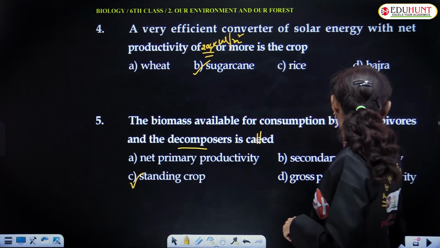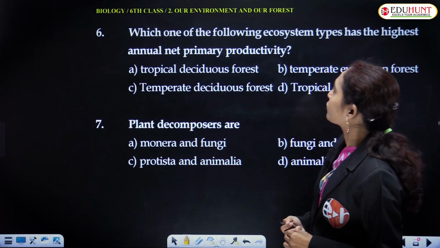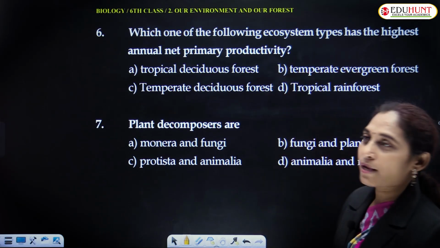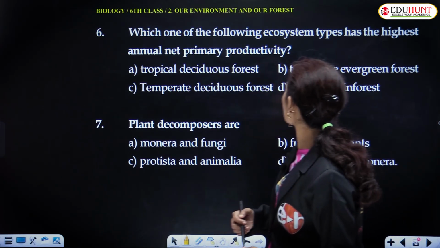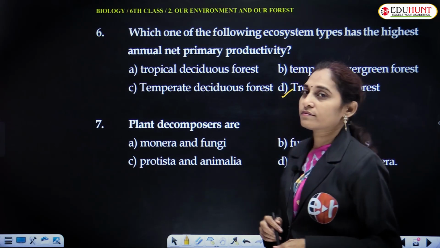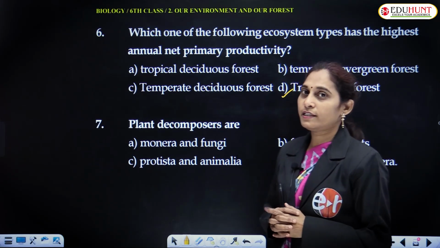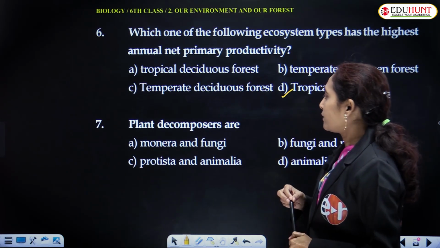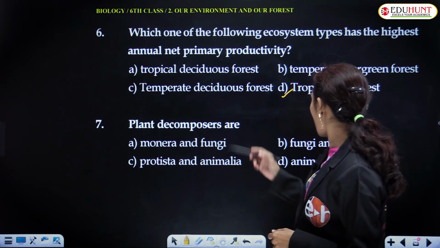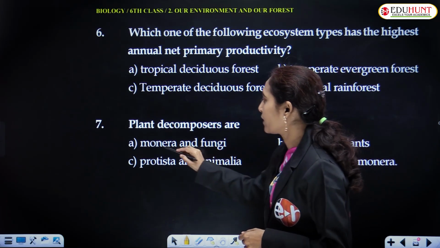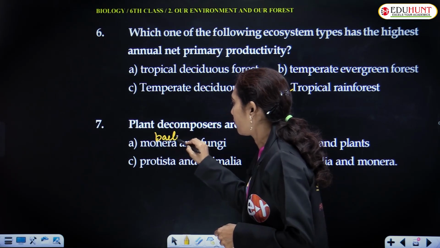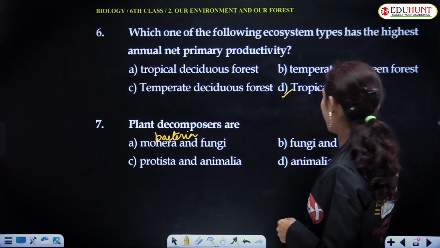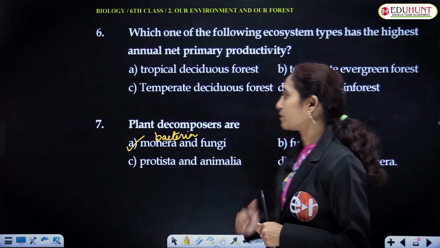Which one of the following ecosystem types has the highest annual net primary productivity? That is tropical rainforest. More energy is trapped in tropical rainforest, so net primary productivity is high. Next, which are decomposers: plants, fungi, Monera, protists and Animalia?